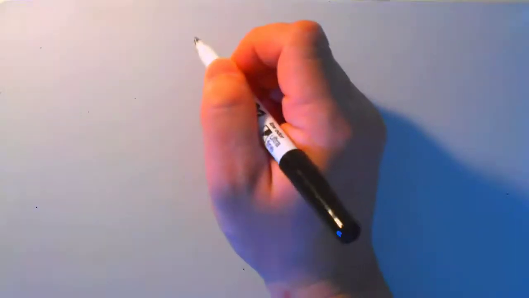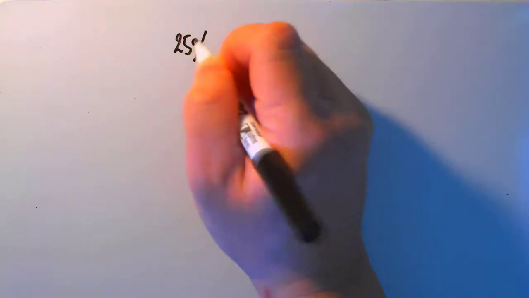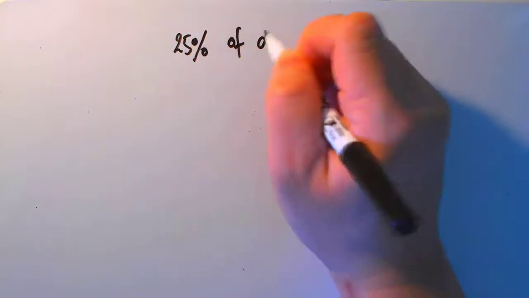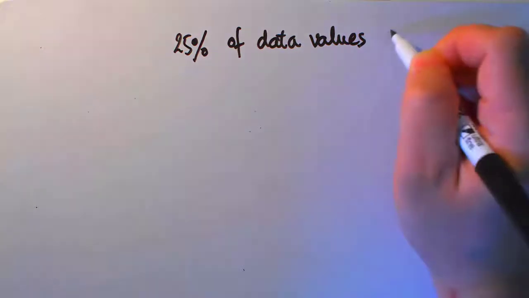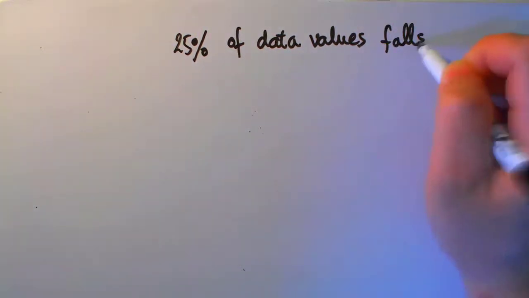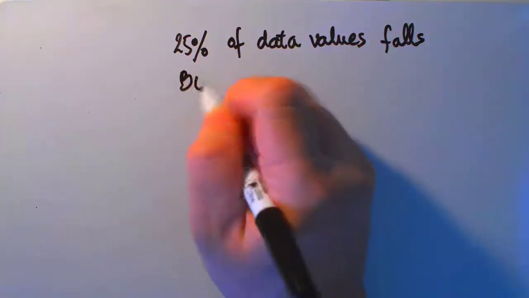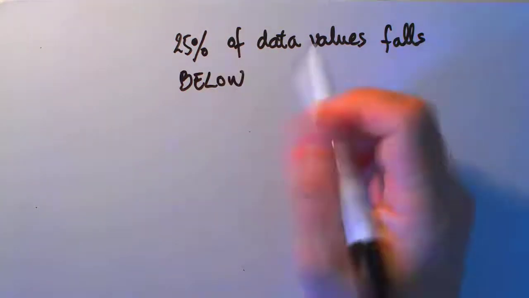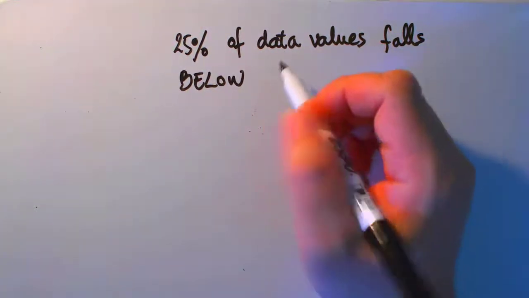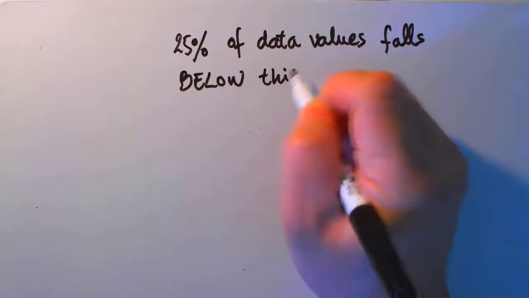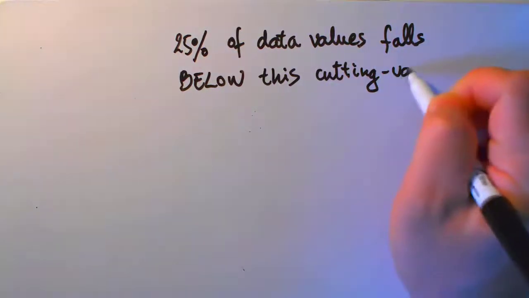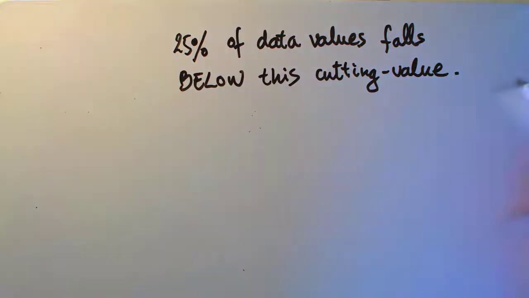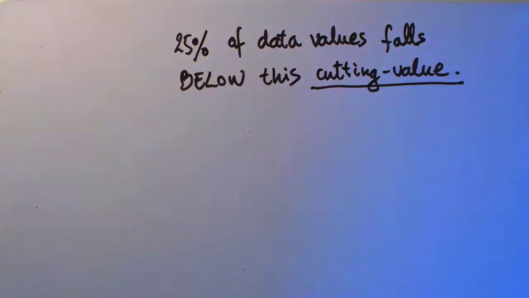The idea once again is that we need to find the cut where 25% of the data values fall below this cut. That's straight out of the definition of a percentile. This cutting value is in data 1.